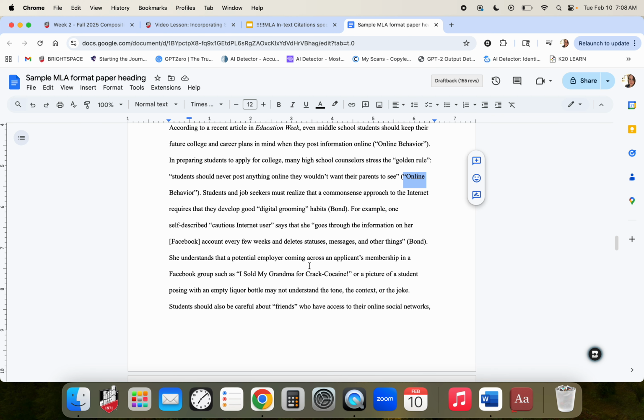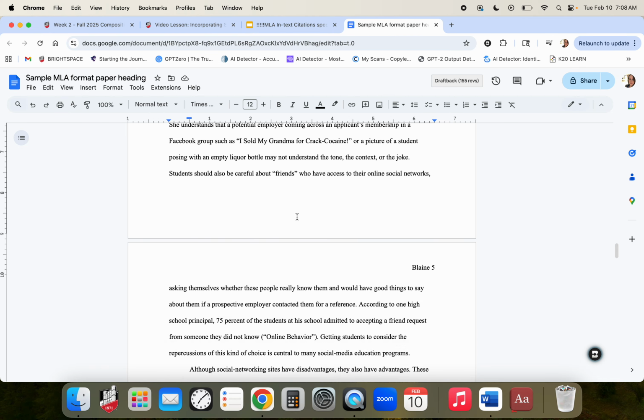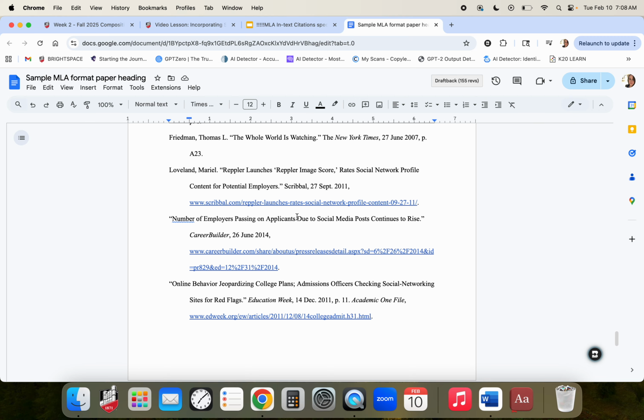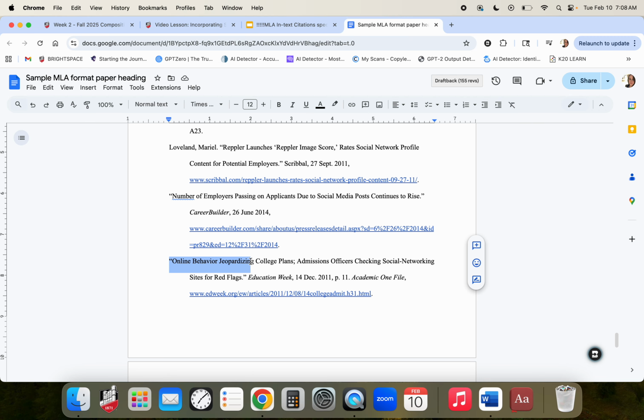For example, this one here is cited online behavior. Apparently this one did not have an author, so instead they've included the title of the source. So online behavior as a source should take me directly to online behavior here. Whatever you put in the parenthetical citation needs to match whatever comes first here.